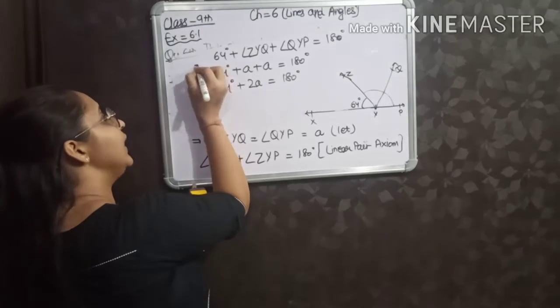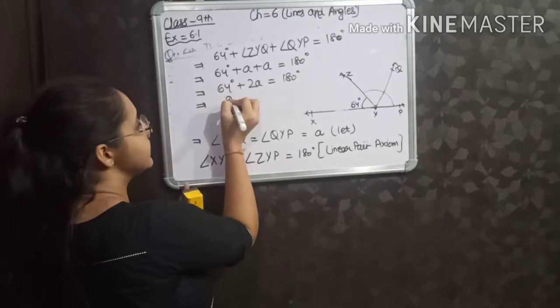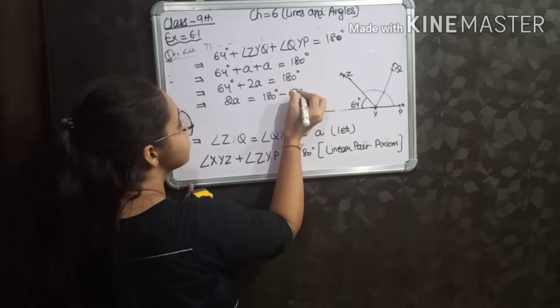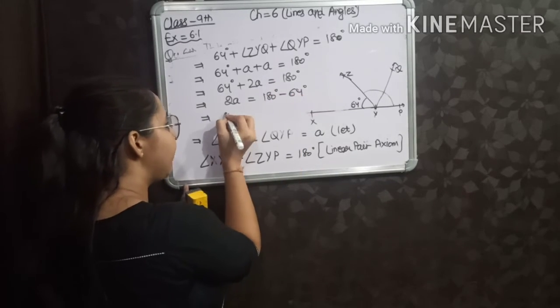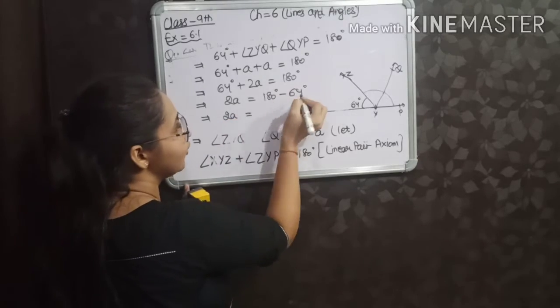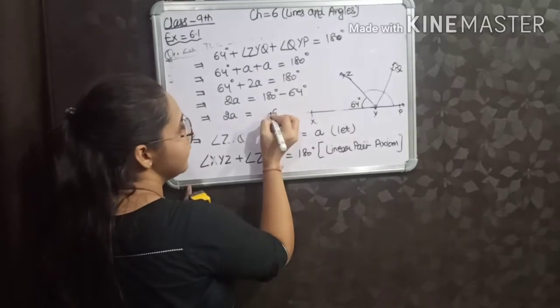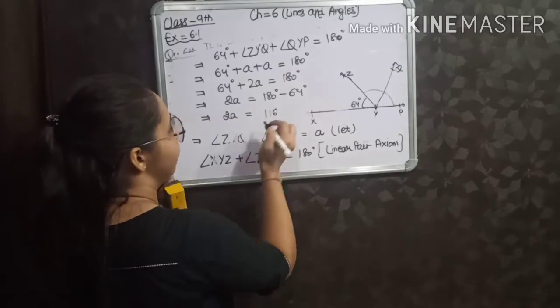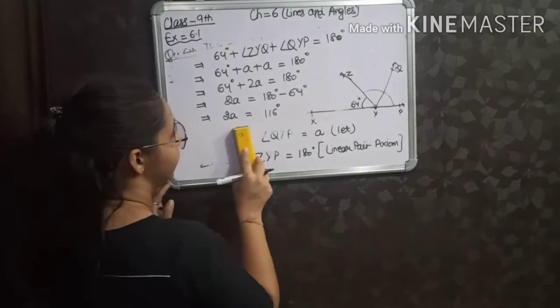Now it implies 2A is equal to 180 degree minus 64 degree. It implies 2A is equal to 116.